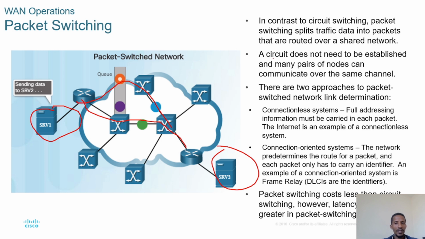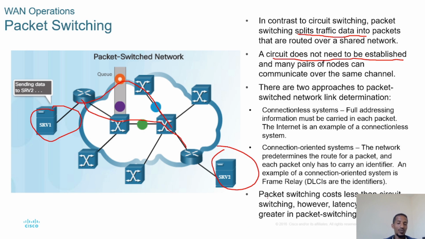You don't need circuits to be established before sending, since circuit establishment is done through circuit switching. In packet switching, the packet will be split and take different paths to reach the network. Some of them will take different paths, but at the end they will be rearranged at the destination.